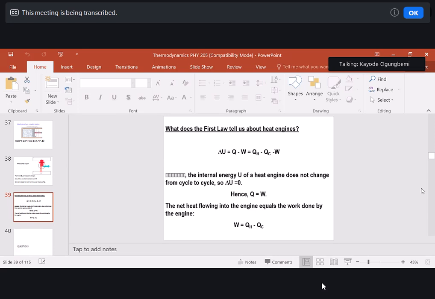So work done by the engine equals QH, that is heat from the hot region, minus QC, heat going to the cool region. That's how we get that. So if I substitute W back there, you see that my delta U remains 0, right? Yes, sir.